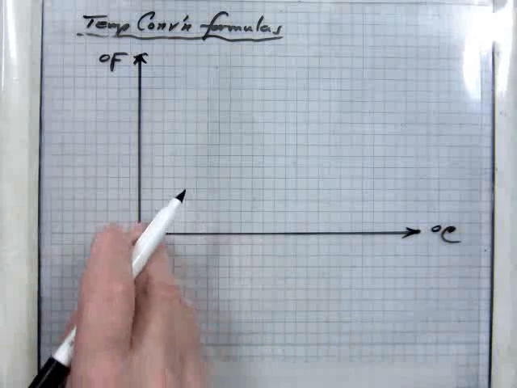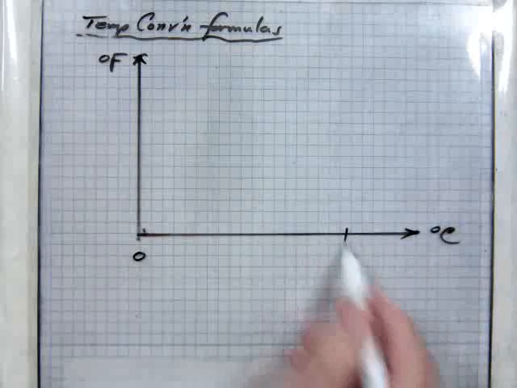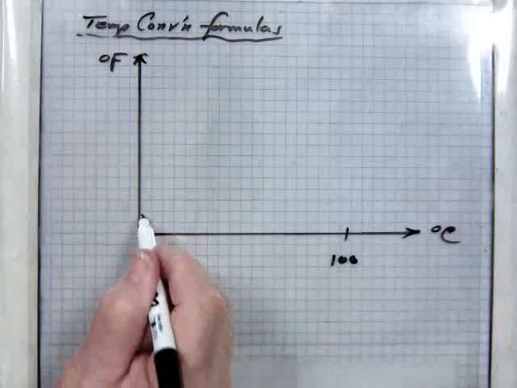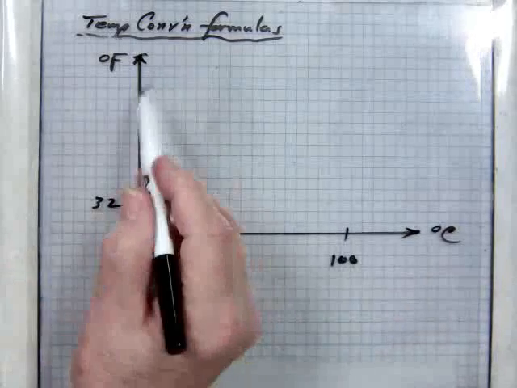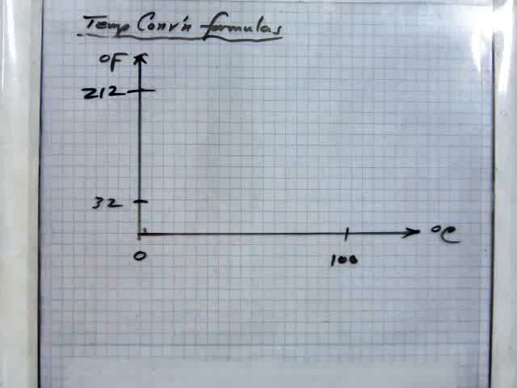This starts at 0 and goes up to, say, 100, and this starts at 32 Fahrenheit, and not to scale, 212 Fahrenheit.